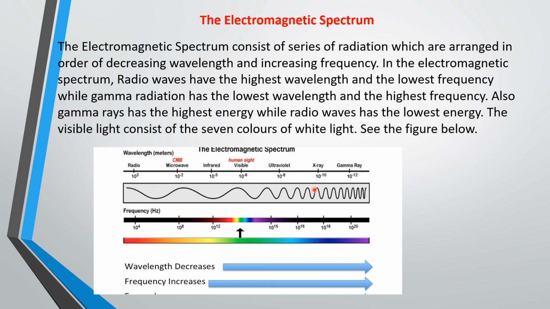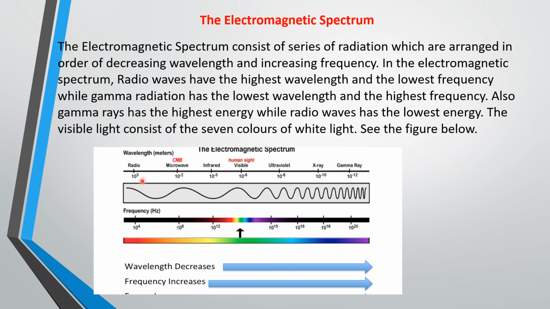Please take note of this. These are typical questions that you can be asked in your JAMB or WAEC examination. These are objective questions that you can actually be asked. So you just need to take note and know that radio waves have the highest wavelength, gamma ray has the lowest wavelength, radio has the lowest frequency, and gamma ray has the highest frequency.